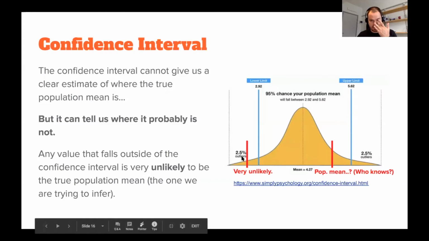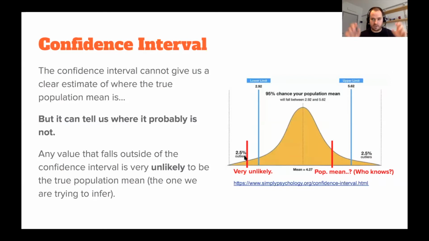So for example, in this case, we have 2.5% of outliers, so to speak, at both sides, right? And that's because we know that 95% of everything that happens is between the lower limit and the upper limit.